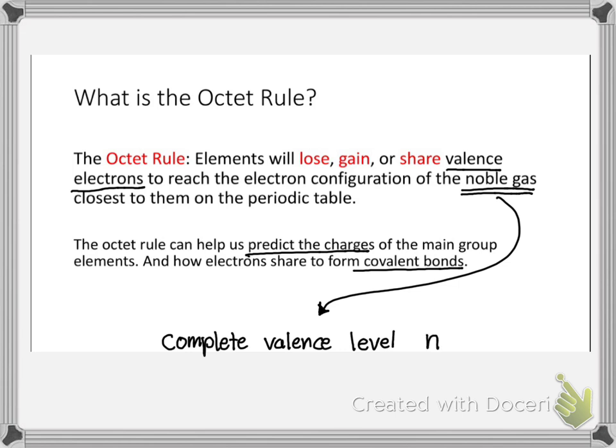They have 2 s's and 6 p's. So except for helium, they have 8 valence electrons. They're completely full, and this configuration is very, very stable. In fact, the noble gases are, for the most part, non-reactive because they don't need to react to be stable. They are very stable.